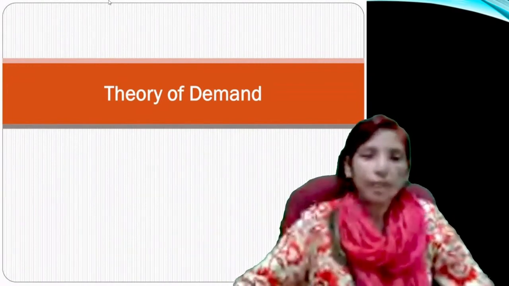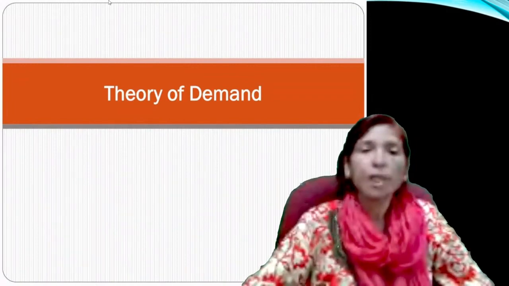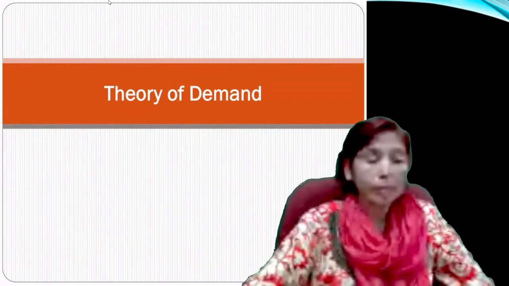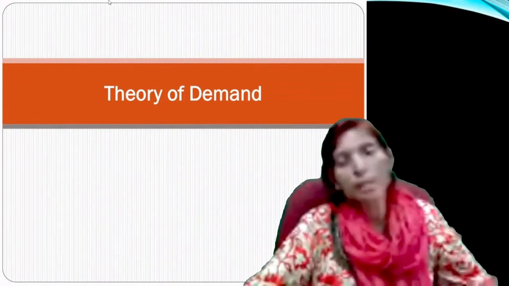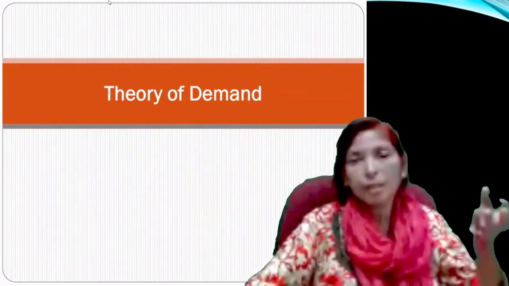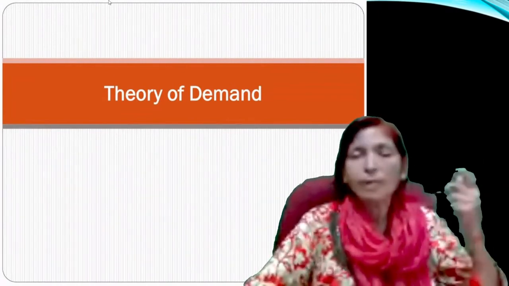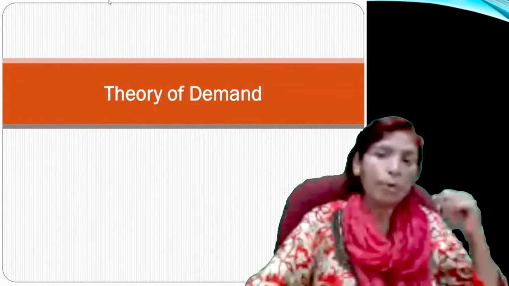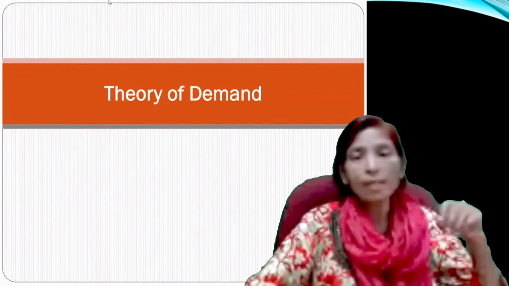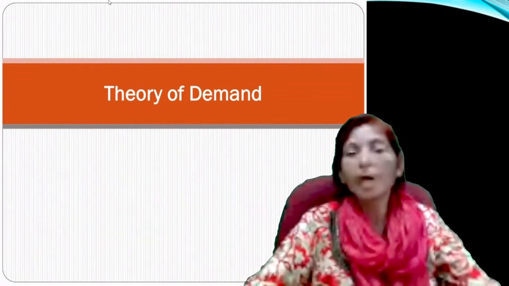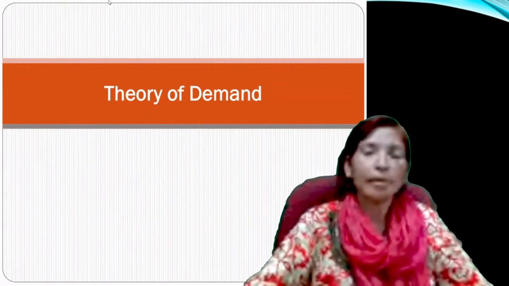So in the theory of demand, we will discuss the meaning of demand, or in simple words, what we understand by the concept of demand. Next, what the law of demand is, who propounded this law, and what the determinants of demand are, or the factors affecting demand.